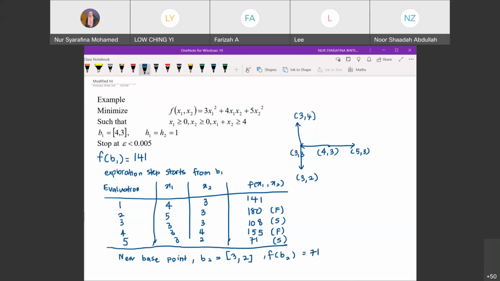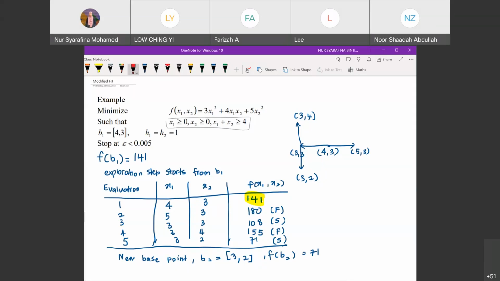But the success and failure of each evaluation here needs to consider the constraints, not just comparing the value of 141 only. So for each iteration, what you need to check here is the function value against 141. If the function is less than 141, just like in our previous Hooke and Jeeves, it is considered a success.